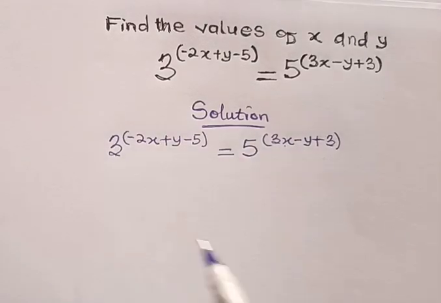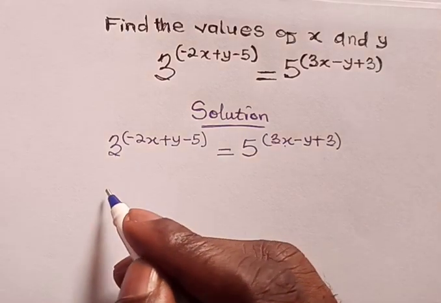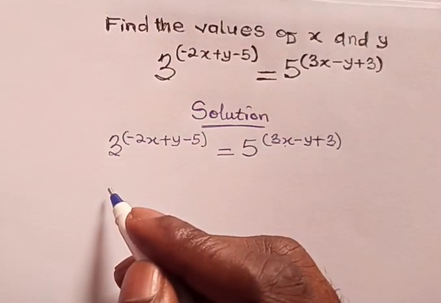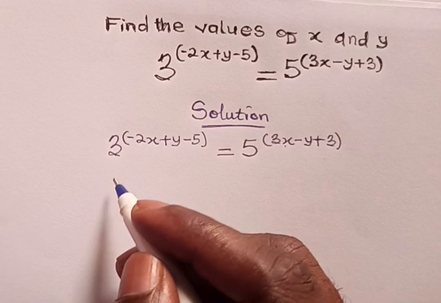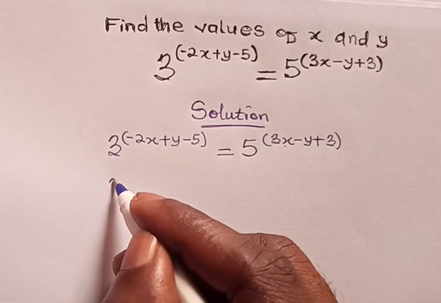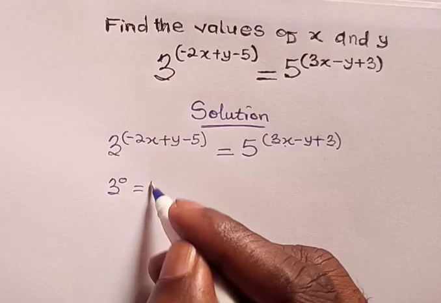Remember that in the law of indices, any non-zero number to the power 0 is what? 1. So if I say 3 exponent 0, what am I getting? I'm getting 1.